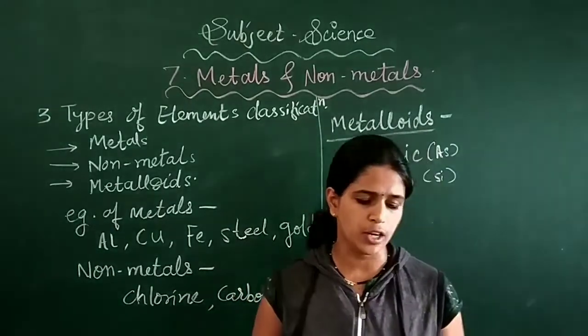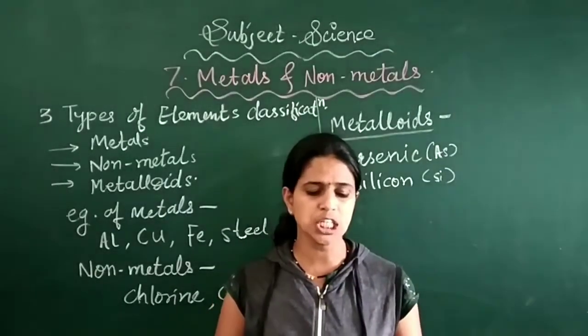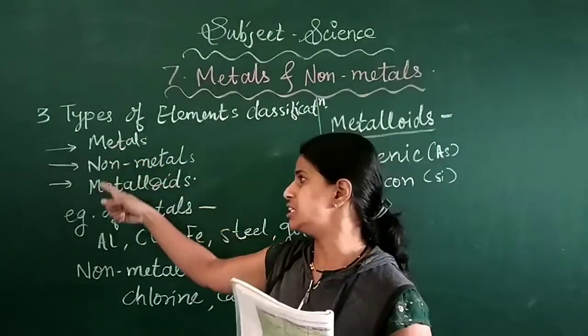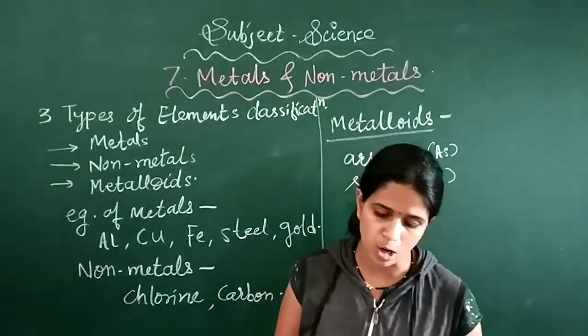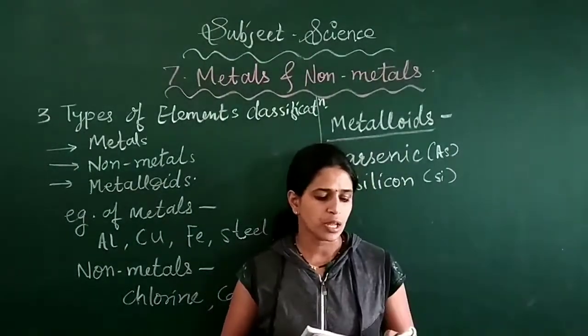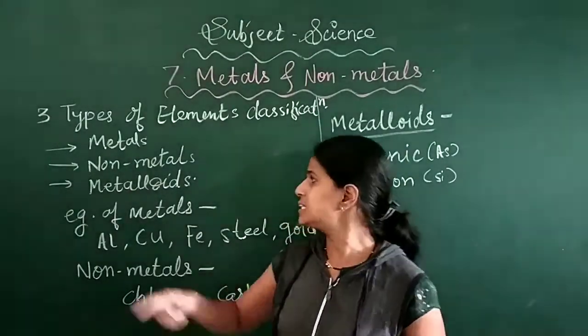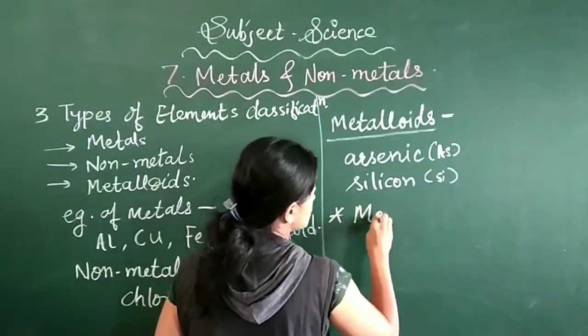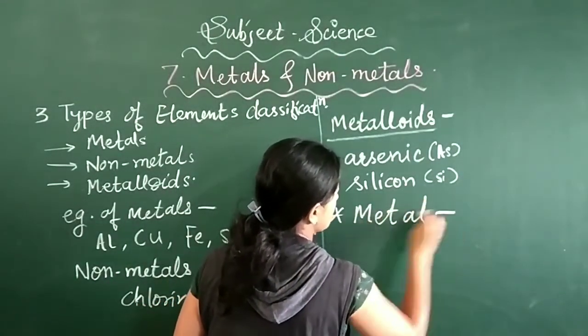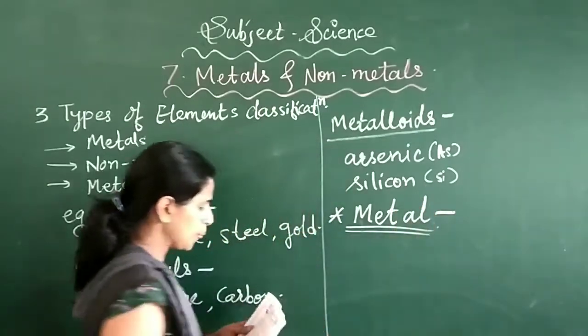Scientists classify all the elements into three general types. These three general types are metals, non-metals and metalloids. Okay. So we will take the first, that is metal. Today we are going to discuss the first point, that is metal.